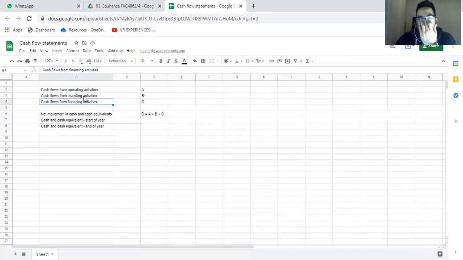What you should know about the financing activities is, if you look at the accounting equation, assets equals equity plus liabilities. The asset side represents your investments. The other side of the equation, equity and liabilities, represents your sources of finance. So your financing is all your sources of finance, but not any source of finance, only your long-term sources of finance.